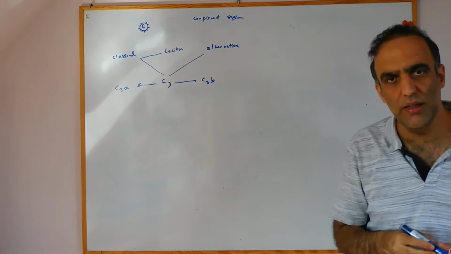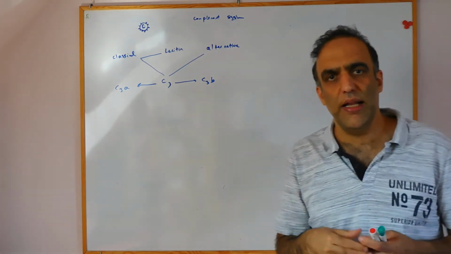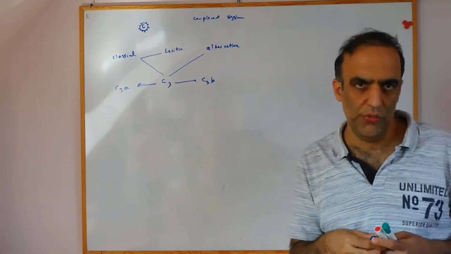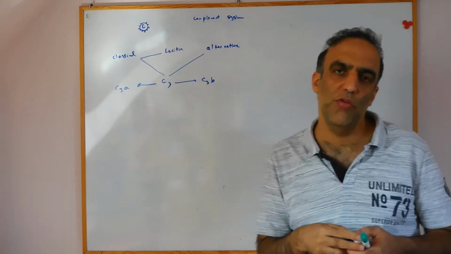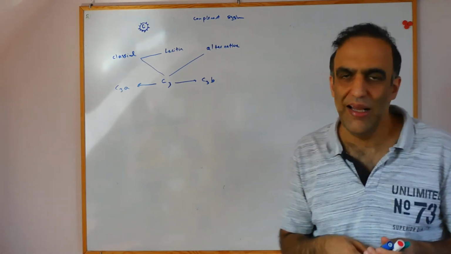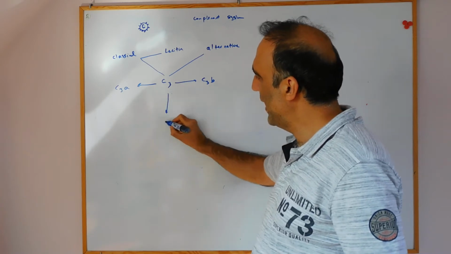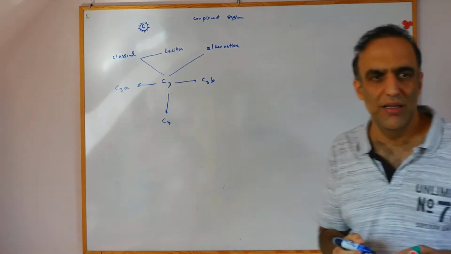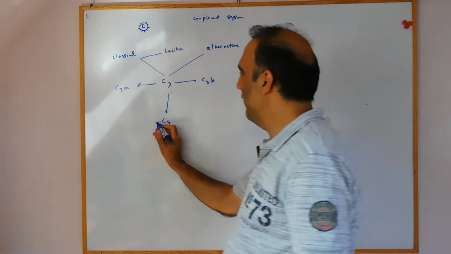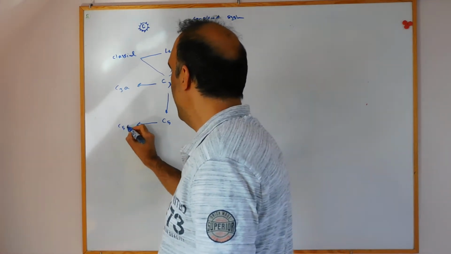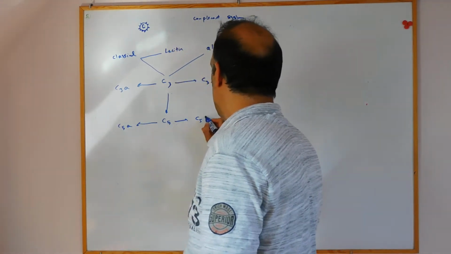As you remember, the complement system can activate the inflammation process, and it also has the opsonization process. The other process with this mechanism is that it can activate C5. Again, C5 can be cleaved to C5a and C5b.